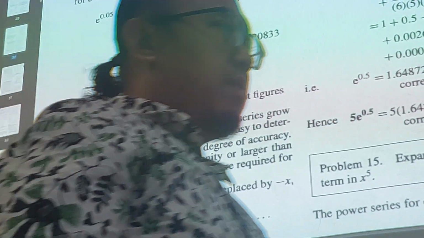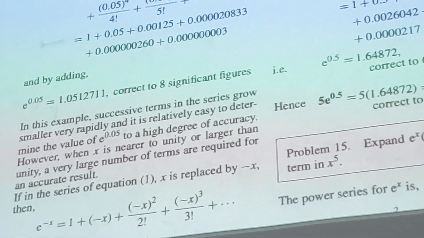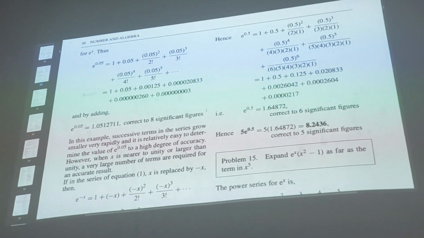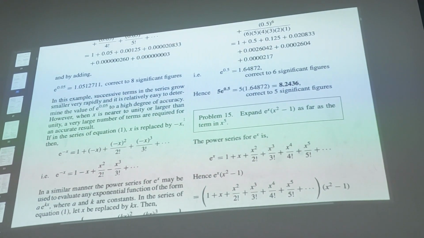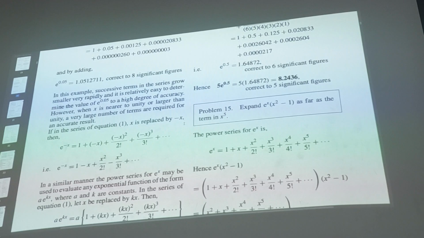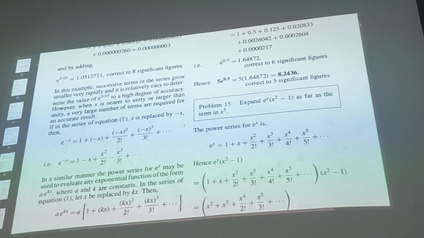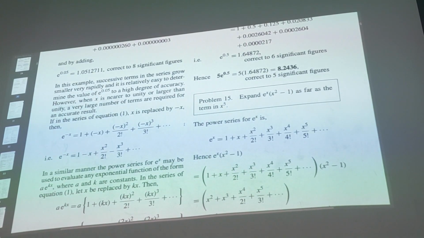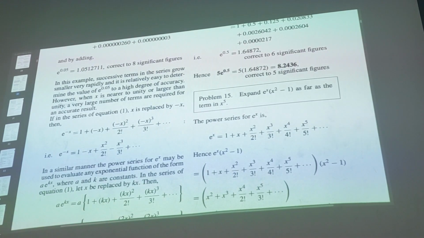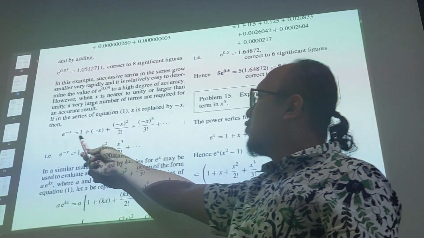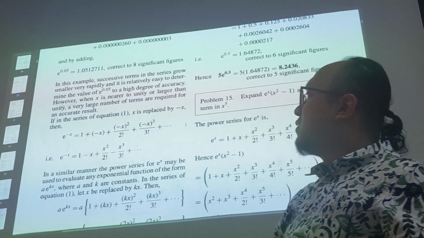And this is the power series of the Euler function. And then for the other example, if we use x equal to minus x, we can also use the same function, e to the power of minus x.